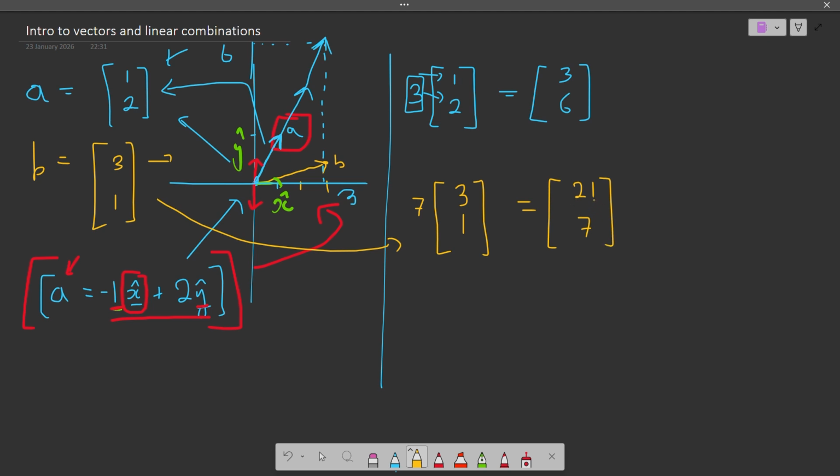This would be a vector pointing to a point whose x coordinate is 21 and the y coordinate is 7. So it would be a really long vector in this direction. Let's just remove that for now, but you get the idea of scalar multiplication with a vector.